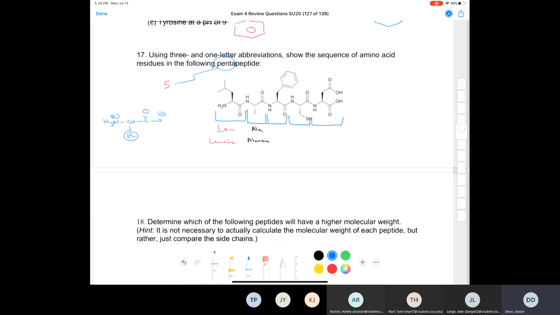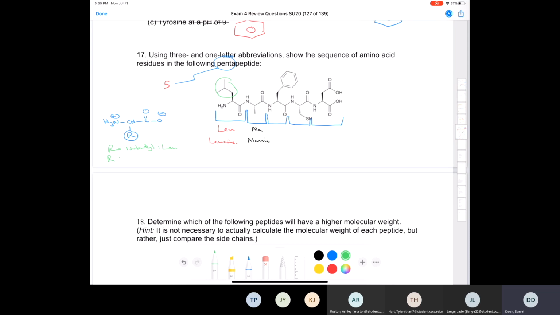What makes amino acids unique are their R groups. When R is equal to an isobutyl group, like is shown here, then it's leucine.